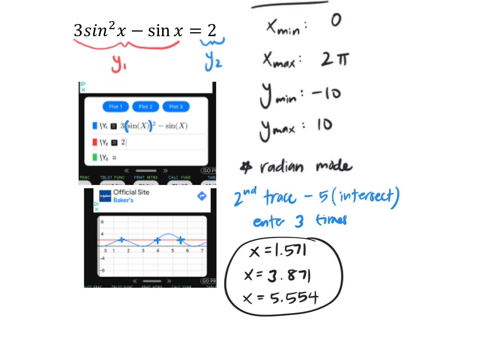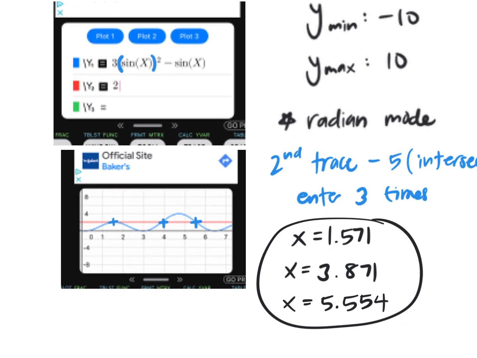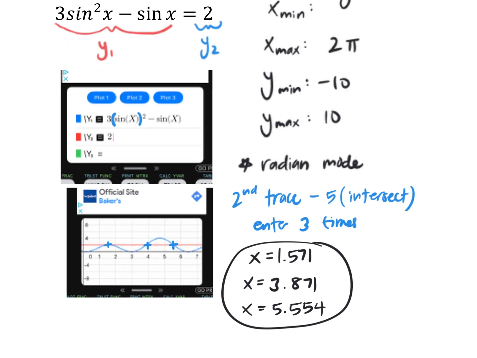Those are the 3 answers that you should get from your graph after you've used the second intersect option. Let me know if you don't get those and I will come help you. So those are your 3 answers. Again, you can technically solve this with the quadratic formula, but if you're going to use a calculator, I would graph it instead, because there are more mistakes you can make with the quadratic formula.